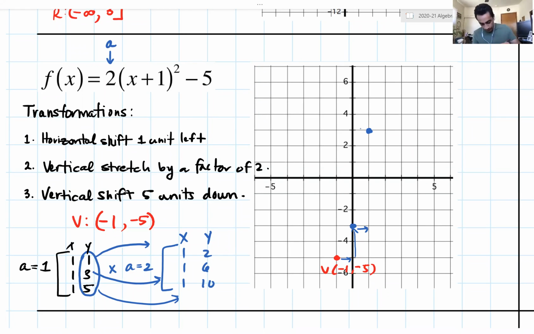That's fine. Now we go 1 left, up 2. 1 left, up 6. 1, 2, 3, 4, 5, 6. And that's really the only way that pattern will ever change. When A changes, the pattern changes with it. So let's go ahead and graph.